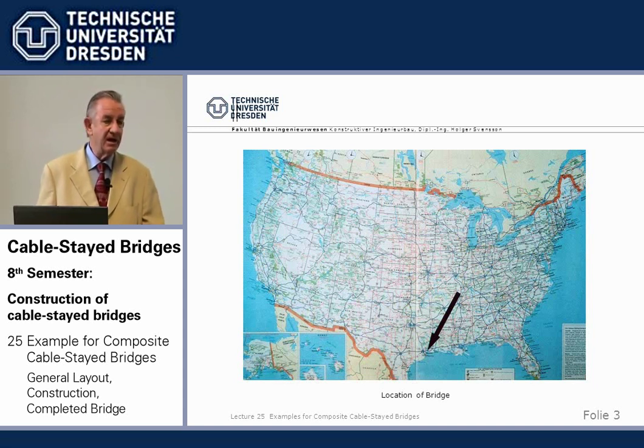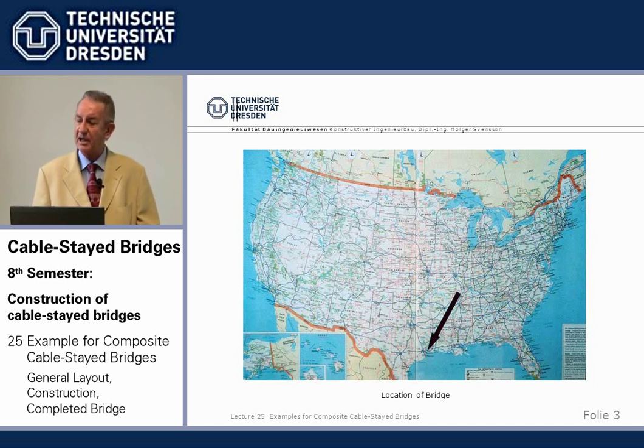Now, every year you hear on TV that there are major hurricanes coming through the Gulf of Mexico and making landfall somewhere in the south of the US. So the hurricane loading was an important factor in designing the bridge.